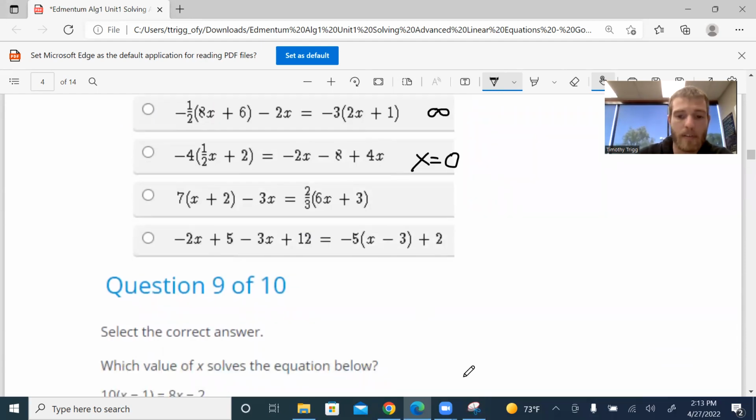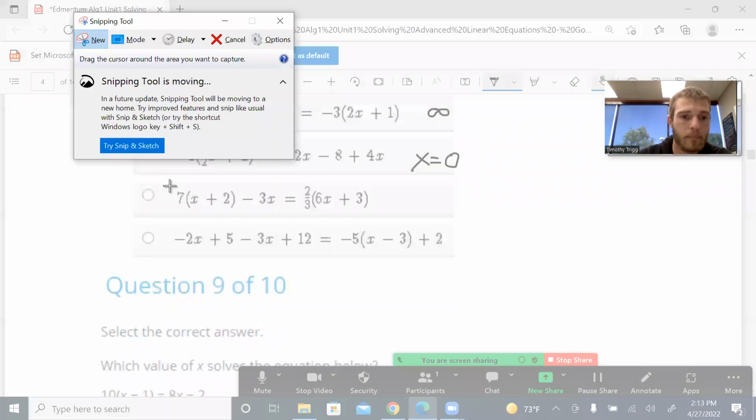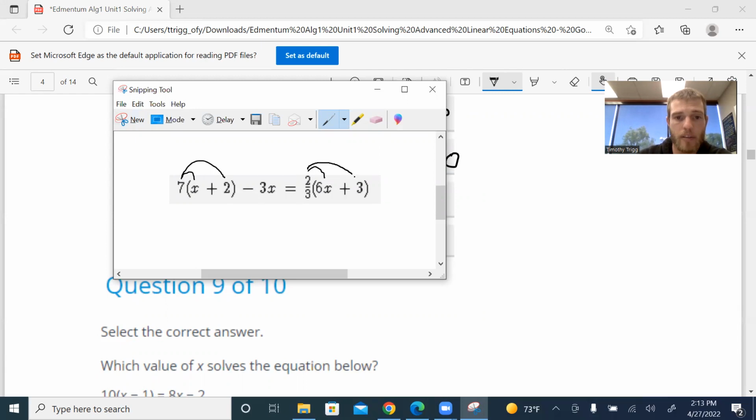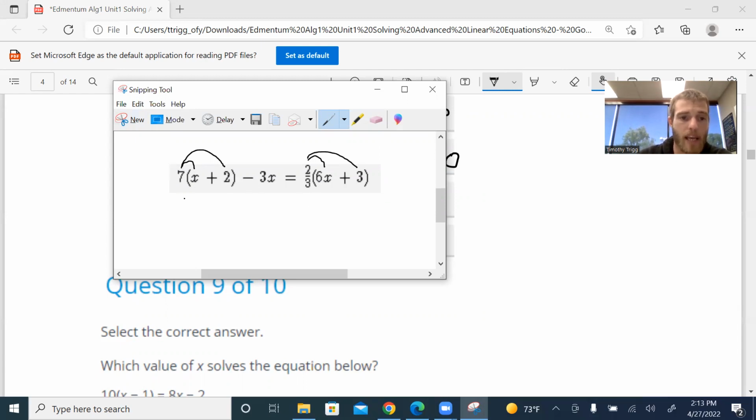All right, let's hope it's the next one. Okay, hopefully you see our first step will be to distribute here on the left side and distribute also here on the right side. 7 times x is 7x plus 7 times 2 is 14. We also have a minus 3x over here on the left. On the right side, 2/3 times 6x.